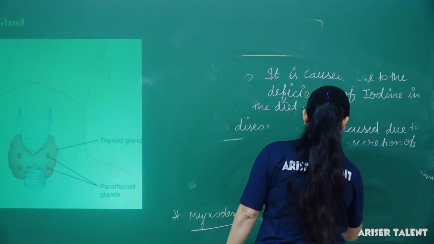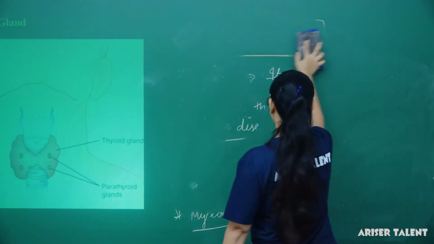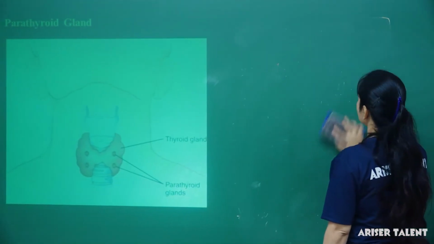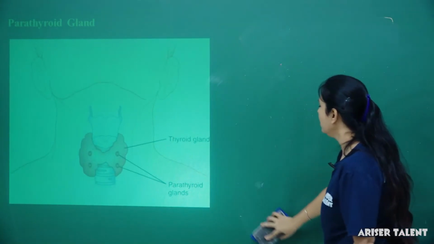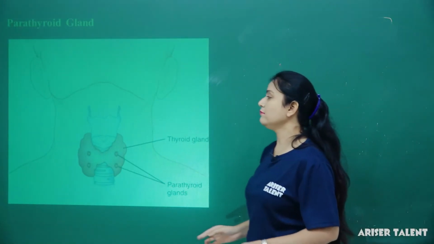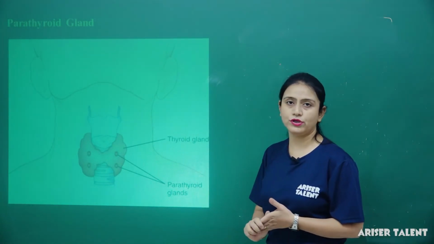Generally, these glands release parathormone, and this hormone is released only when the calcium level in the blood is low.